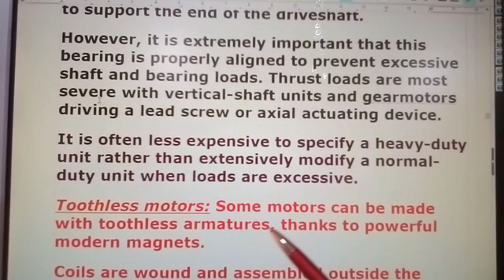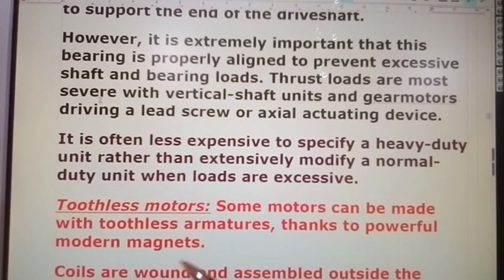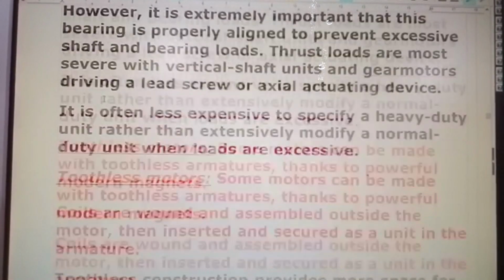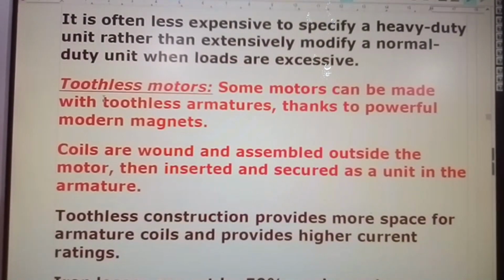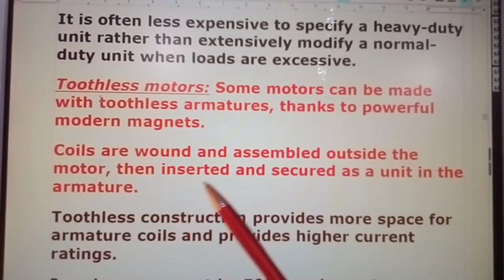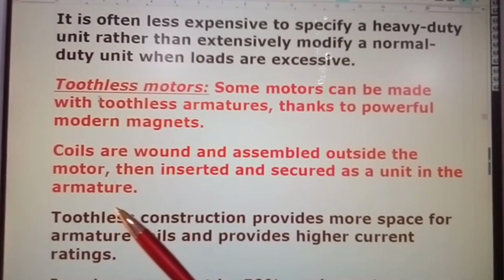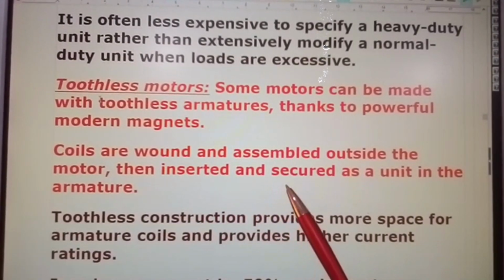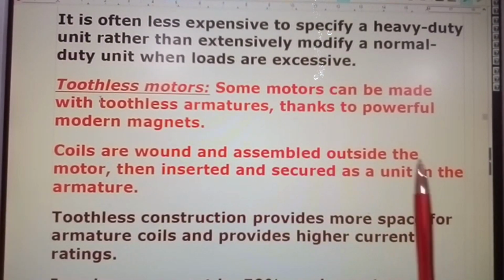Toothless motors. Some motors can be made with toothless armatures thanks to powerful modern magnets. Coils are wound and assembled outside the motor, then inserted and secured as a unit in the armature.